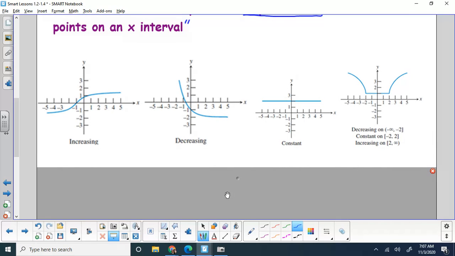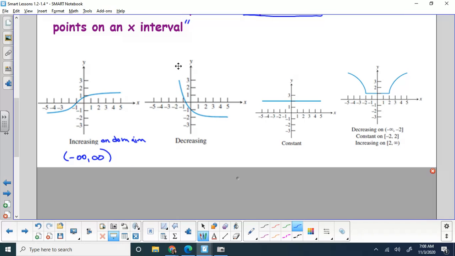So for the first one, we say this graph is increasing. Sometimes they'll say it's increasing on the domain. Other times they'll say it's increasing from negative infinity to infinity. And the reason why is as I trace this graph, and I always go from left to right, my cursor or my finger would always be going up, even if it slows at certain points.